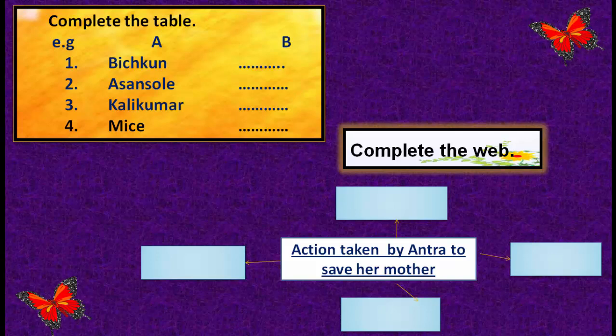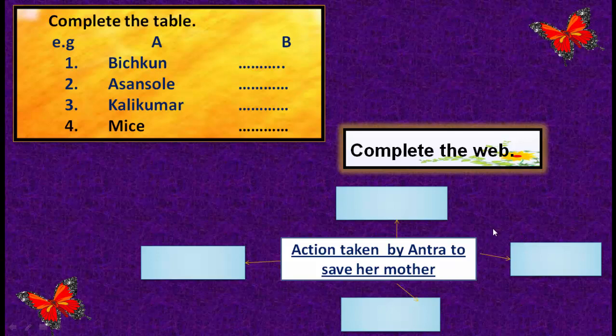How do you write the answer of this question? Action taken by Antara to save her mother. You have to keep this middle headline as a side heading of your answer. Action taken by Antara to save her mother. These 4 points you have to write without making any web.